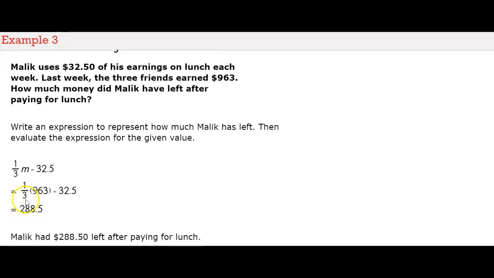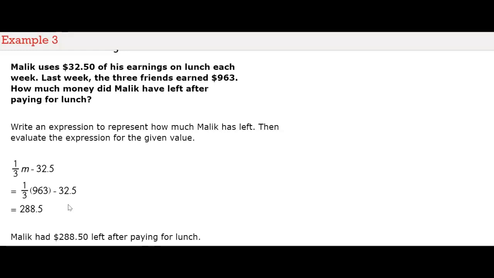So then you have 1/3, and the money they all earned was $963. So to find out how much of that money belongs to each person, you have to multiply by 1/3, which essentially is dividing up the $963.